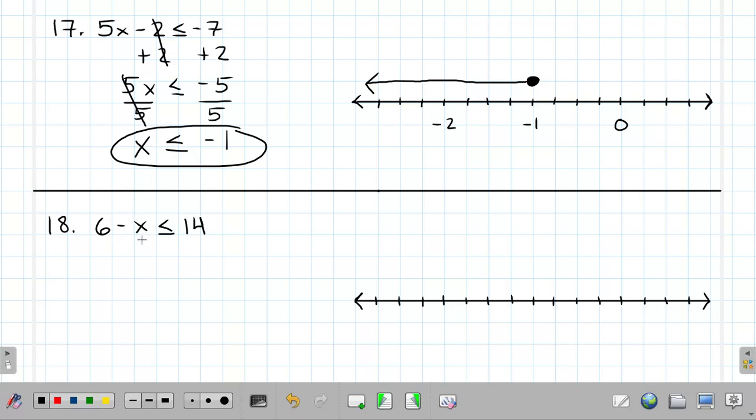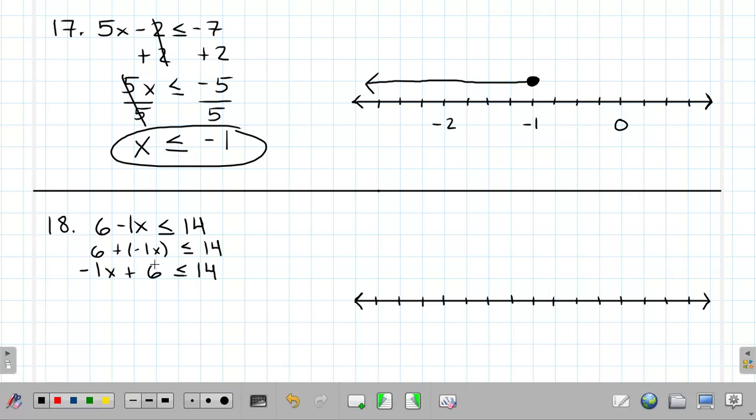Number 18 works very similar to number 14 in that we have 6 minus x here. So if we need to, we can rewrite this. I'm going to include the 1 here just so we can be pretty consistent with it, because technically there should be a 1 in front of the x. So when we flip it around, we would have negative 1x plus 6.